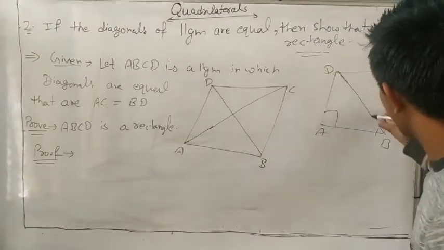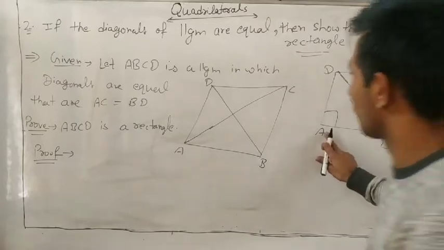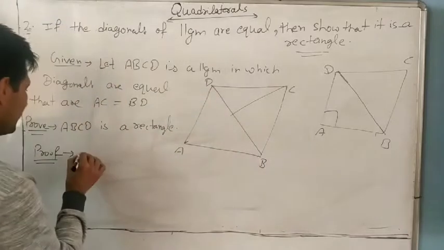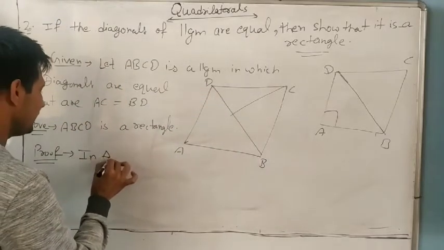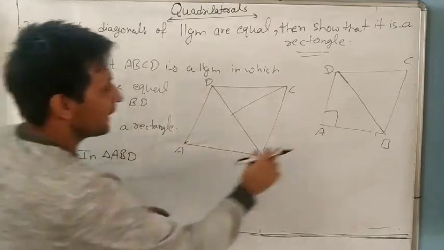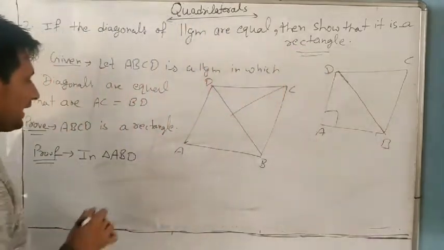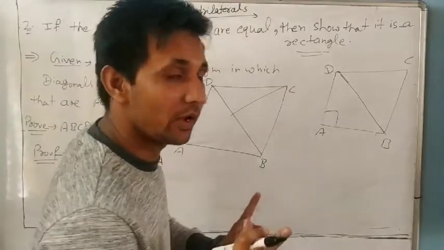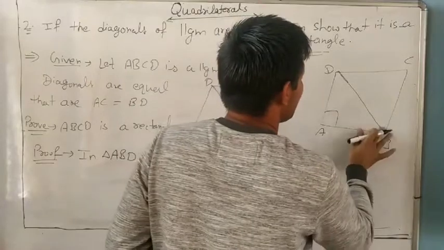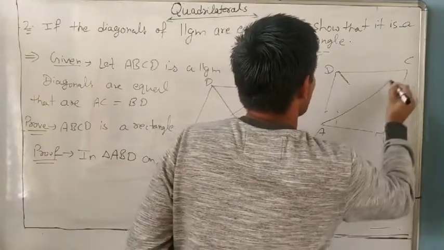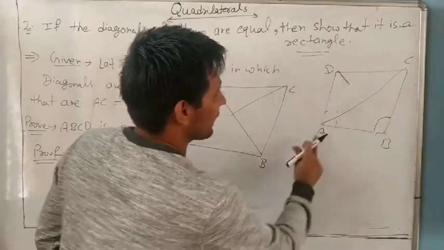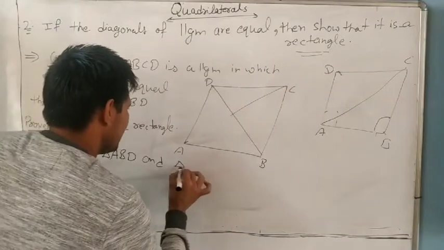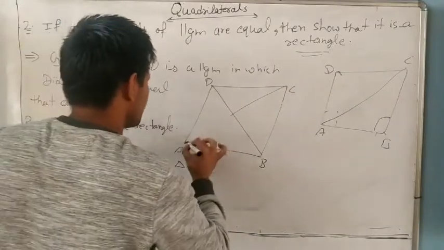So we take a triangle in which there is angle A: triangle ABD. And the second triangle, in which we have angle B: this one is angle B, so triangle ABC.